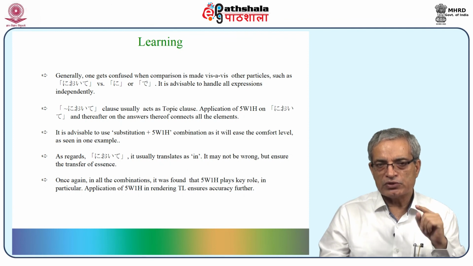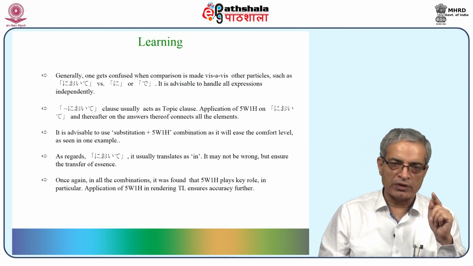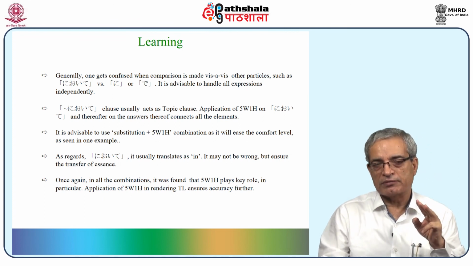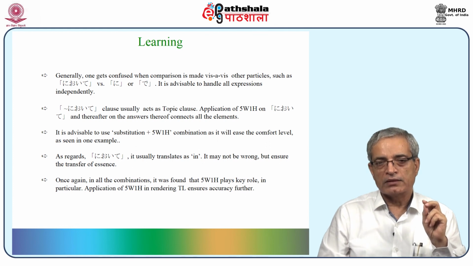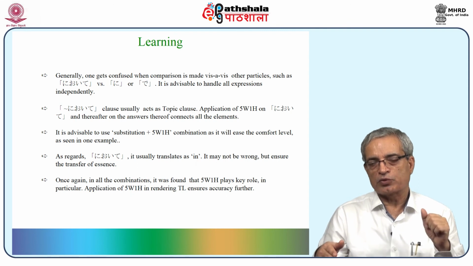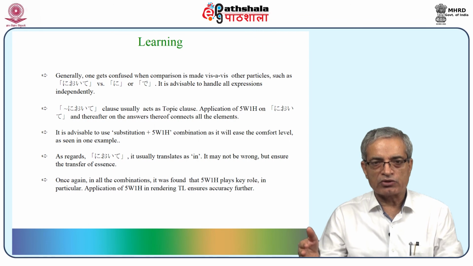It is advisable to use a substitution plus 5W1H combination as it is, as it will ease the comfort level, as seen in one example where two methods were shown on one particular example, because the nouns used, three nouns used, had some adjectival parts also to at least two of the nouns. You get lost into that beyond a limit and it affects your performance in the overall translation. In fact, the translation was not correct also.